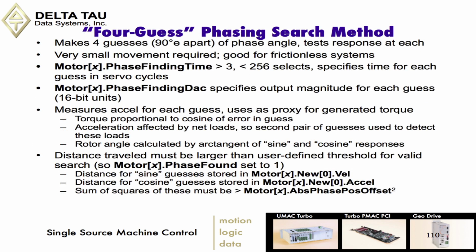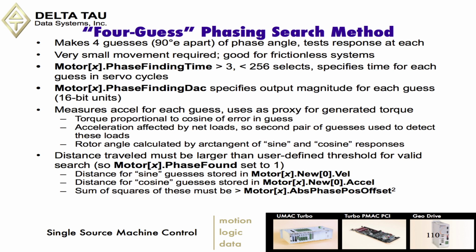There are two main types of doing the phase finding. There's the 4 guess. It makes 4 guesses 90 degrees apart of the phase angle and tests the response at each step of this 4 guess. So this moves much smaller.